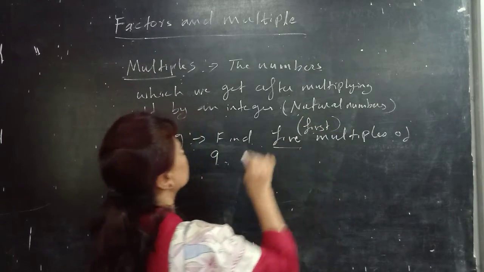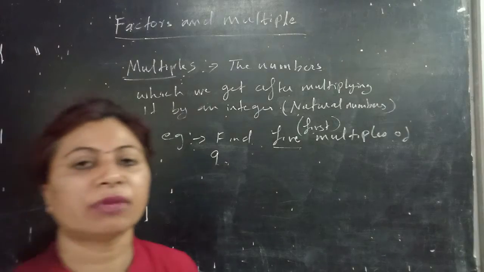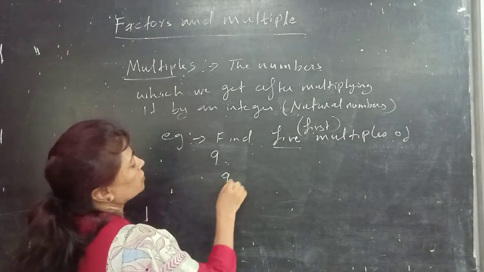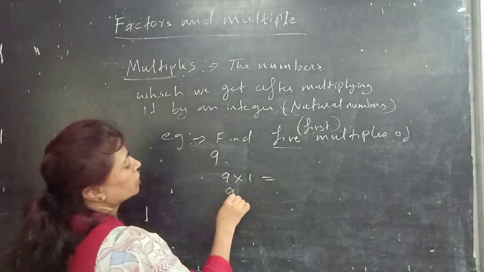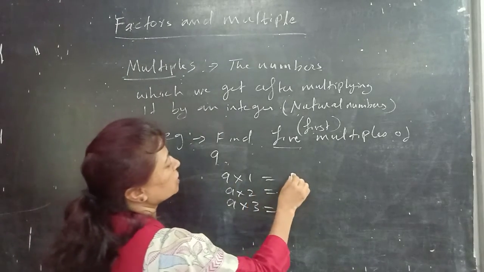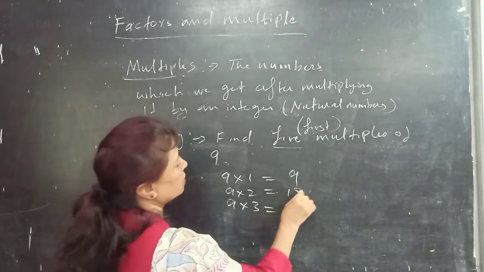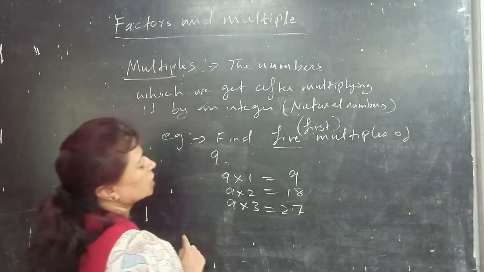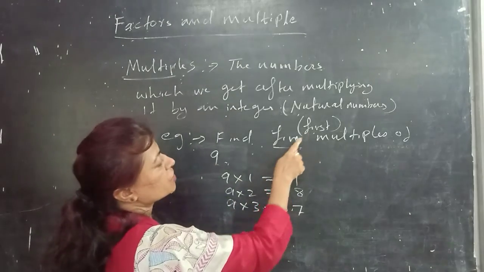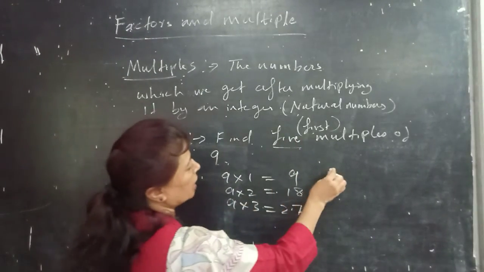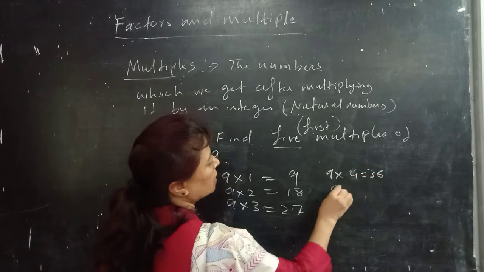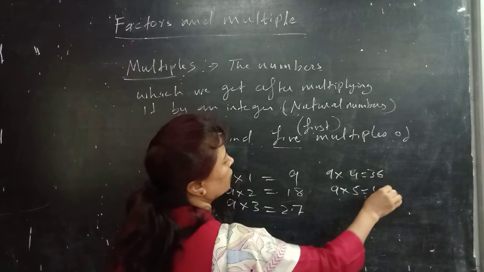First 5 multiples means we have to multiply 9 by 1, then by 2, then by 3, and this way we can find the multiples. So 9 into 1 is giving 9, 9 twos are 18, 9 threes are 27. So right now we have taken the first 3 multiples, and we have to take the first 5 multiples. It means we have to multiply 9 up to 5. So 9 fours are 36, 9 fives are 45.